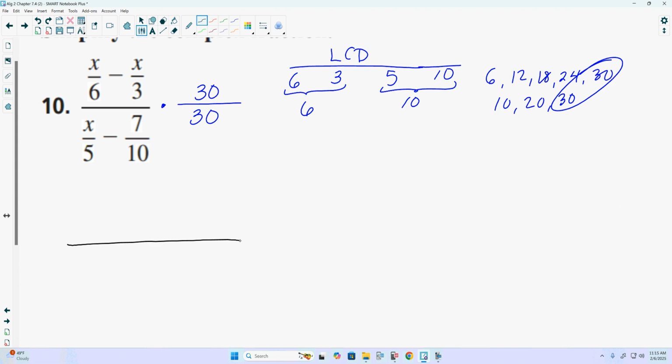Now if we look at the top, the 30 is going to be multiplied by our x over 6, which would be 30x over 6, minus the 30 times the numerator of this fraction, which would be 30x over 3.